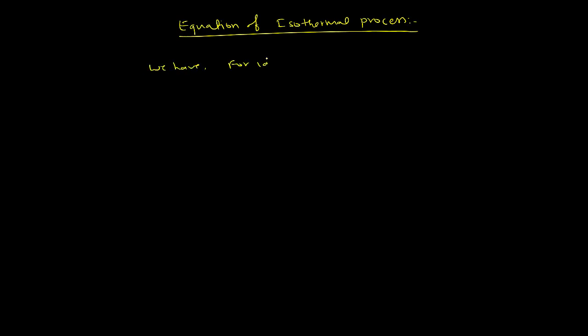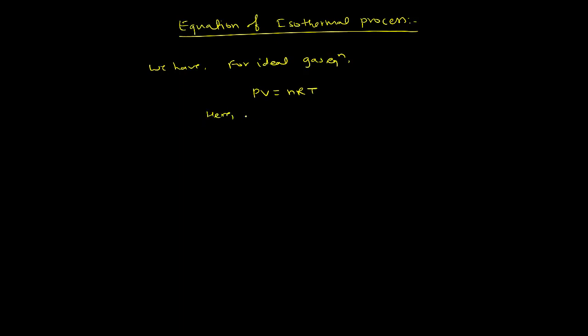Again, now first of all, equation of isothermal process. For ideal gas, the equation is PV equal to nRT.